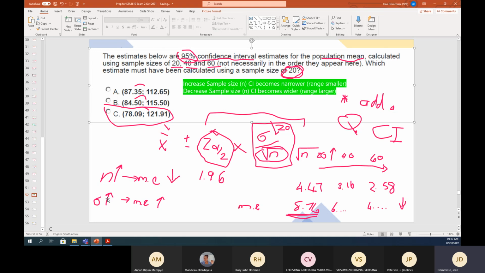So they can ask you what happens if the standard deviation is changing. The other one that they like to ask, and I'll get that from one of the previous assignments, is that they keep the x-bar, the standard deviation and the n similar, and they change your z. So they ask you to look at a 90% confidence interval, a 95% confidence interval, and a 99% confidence interval.